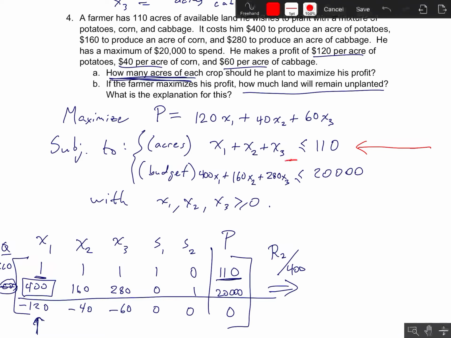So if we had any slack in this inequality, then that would be the amount of unplanted land because the rest is the amount of planted land. So in other words, S1 is going to correspond to the amount of unplanted land because it is the slack from that first inequality. So we're also looking at the value of S1 for the amount of land that goes unplanted, and then we need to explain that value.